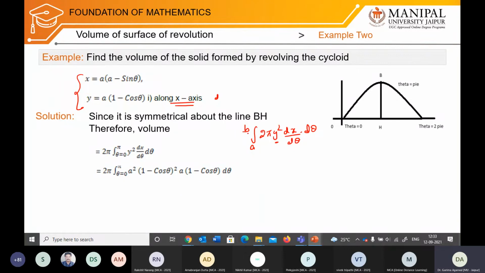We need to find only the limit of theta, right? If we draw this cycloid, we can see that this curve lies between this x-axis and this y-axis. The curve lies between these 2 points, right? Here theta is 0 and theta is 2 pi.